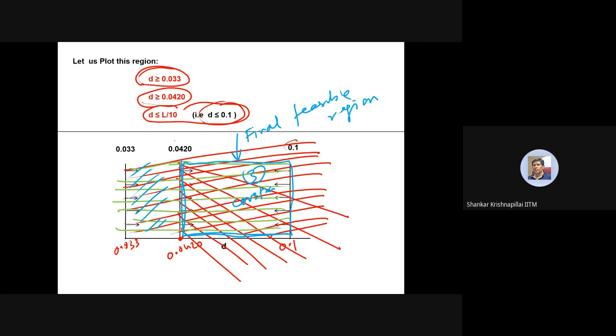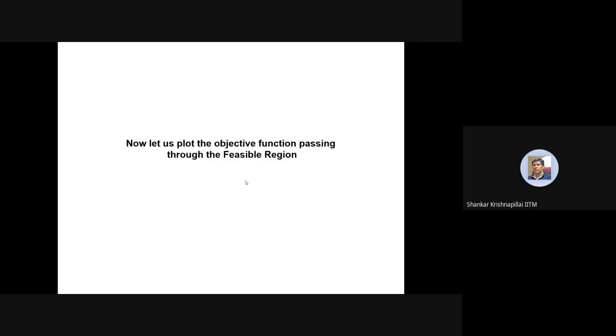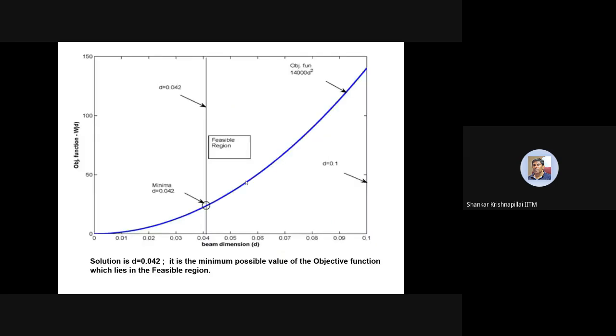Now let us plot the objective function passing through the feasible region. This is our feasible region, from here to here.